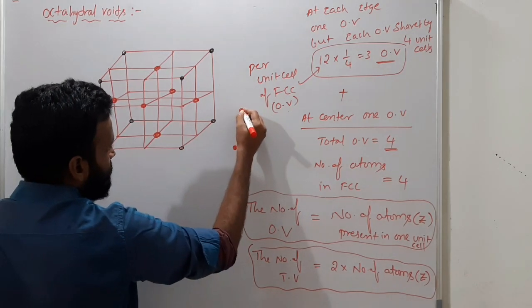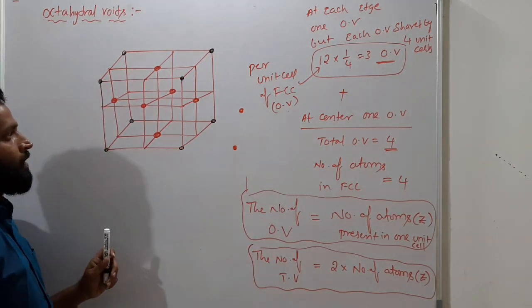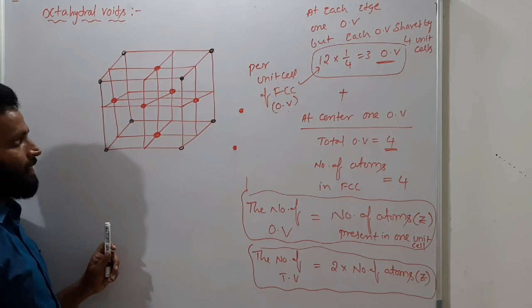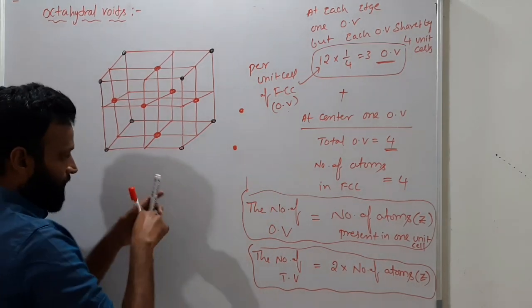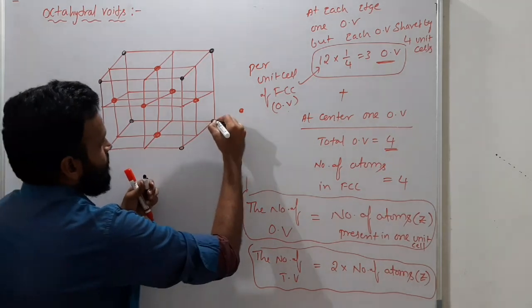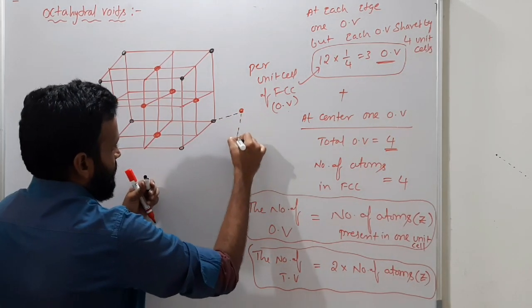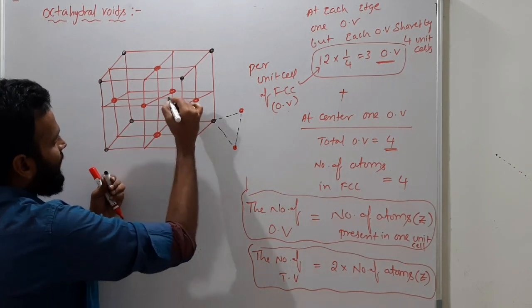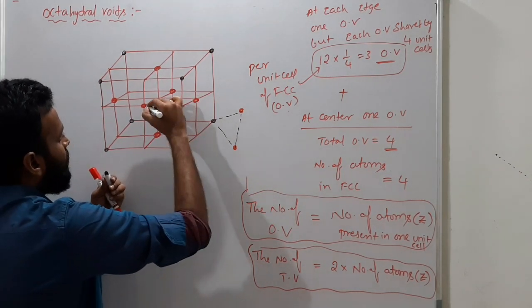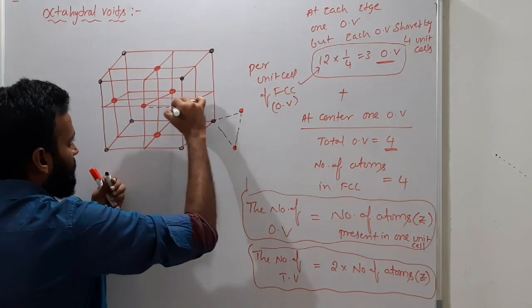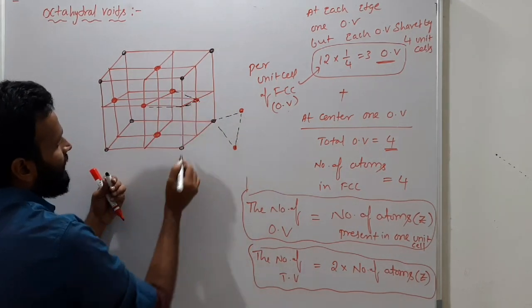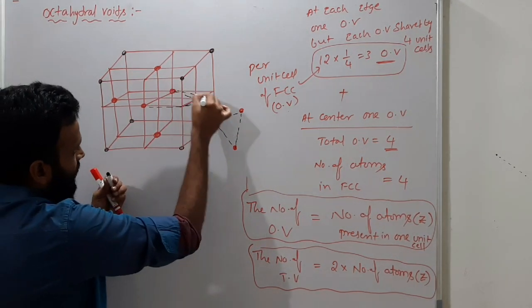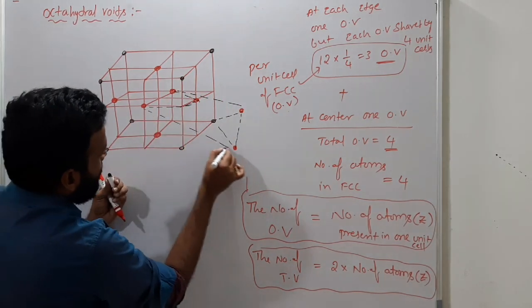These two atoms belong to whom? Another unit cell. Okay. So between these three, and you can have it somewhat down like this. So between these three, 1 like this. If you draw, you can have 1 octahedral void.